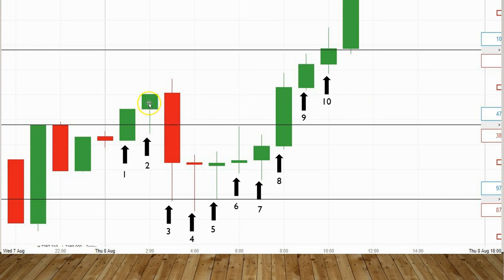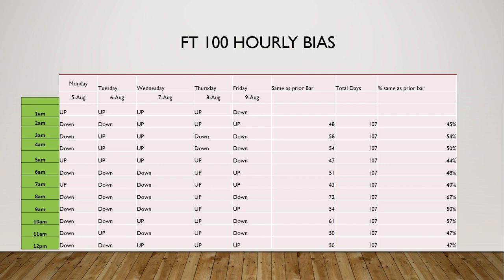What is the probability of 2 being up? What is the probability of 3 being up? I wanted to see if there's a relationship. Was there a bias? In other words, if during a particular period of time we had a move up, does that tend to follow through into the next hour? And in fact, it does. Let's take a look at my table so you can see what we're doing here.